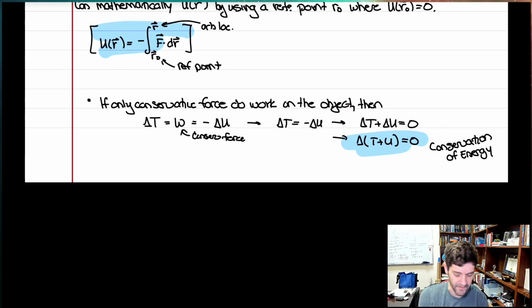So that negative convention allows us to say that T plus U has no change. If we didn't throw that minus sign in, it would be saying that T minus U has no change. And again, since it's a mathematical function, we can define it how we want.